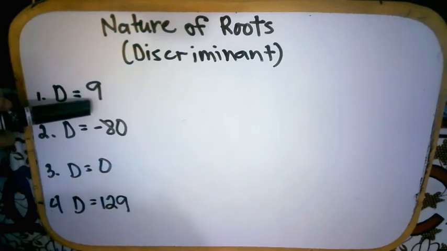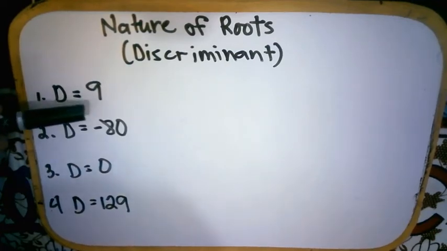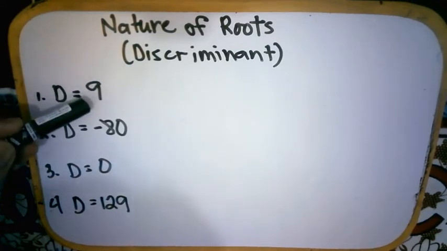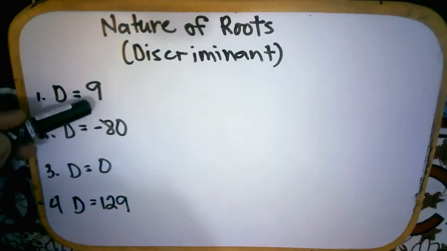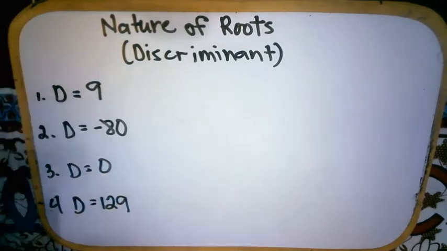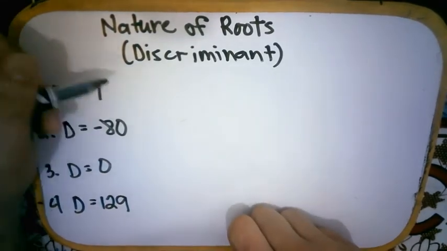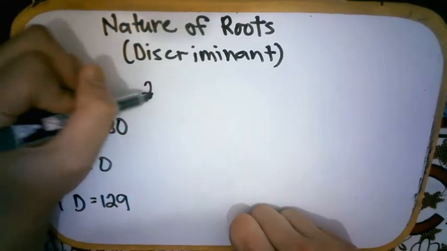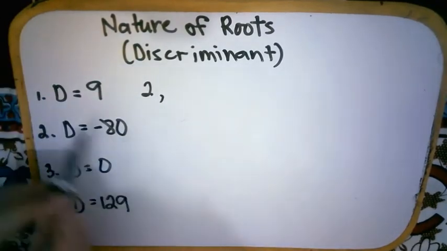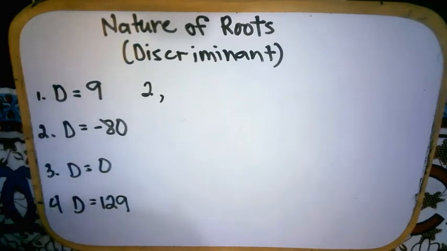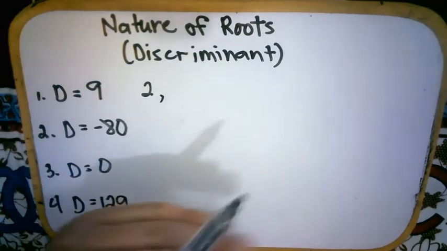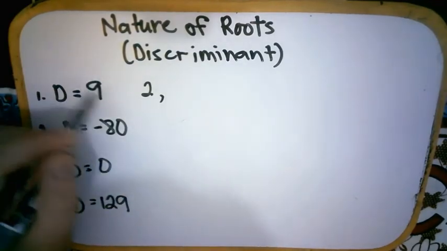Ang 9 ay positive number and ang 9 ay perfect square. Kapag positive, we have 2 number of real roots, and then, ano ang nature? Nandun siya sa pinakataas na part. So, positive na perfect square.